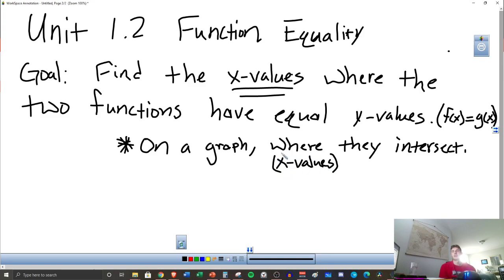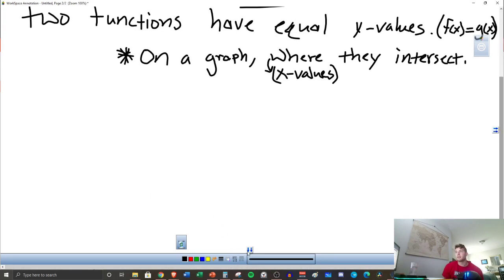I'm going to put that in parentheses. So what do we put? It's the x values, okay? That's really the gist of this. And honestly, finding these answers is not the most complicated thing, but we do need to practice it. You have several Delta Math practice problems and sections on there.